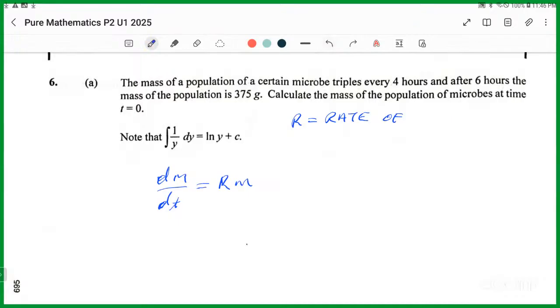So the mass triples over 4 hours, but we can't know exactly what the rate is from that information. So we call it r, the rate we don't know. We know that after 4 hours, the mass triples. So this is the rate of growth.